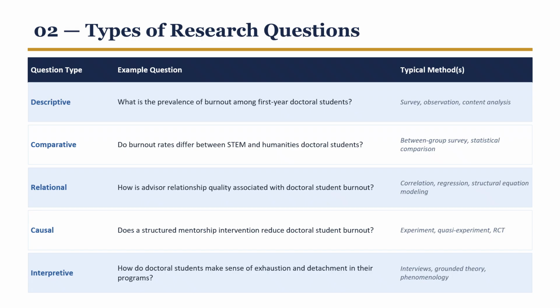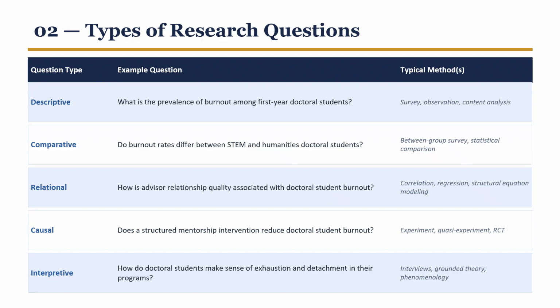Survey data, observations, or content analysis, which is looking at maybe Facebook groups and analyzing the content that students are writing, or reflective journals. That would be content analysis. So descriptive, what is the prevalence of burnout among first-year doctoral students?